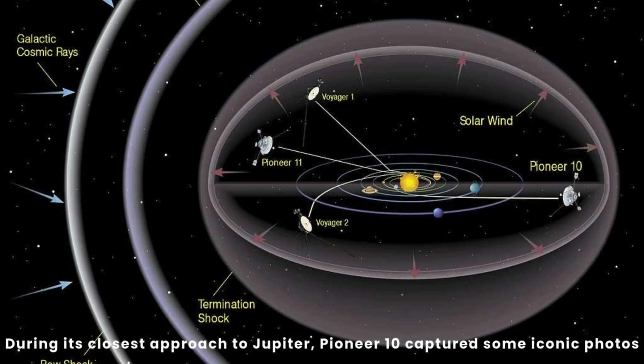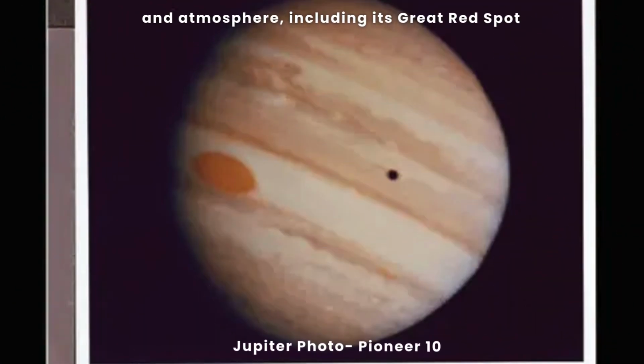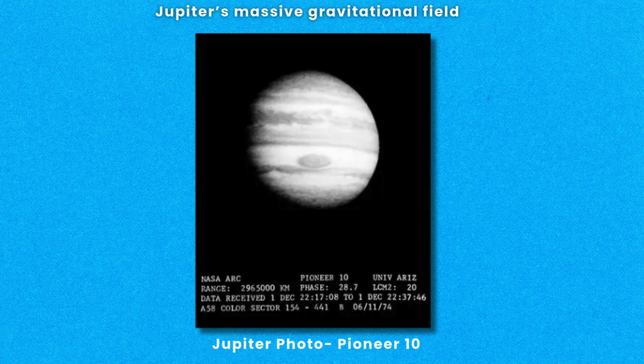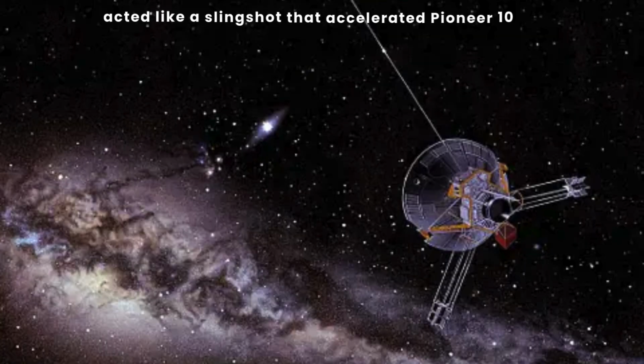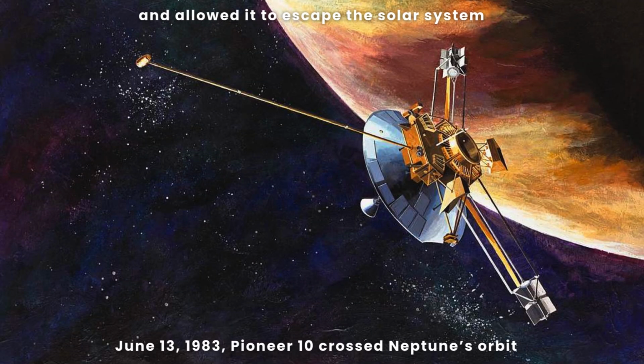During its closest approach to Jupiter, Pioneer 10 captured some iconic photos and detailed data on Jupiter's intense radiation belts, magnetic field, and atmosphere, including its great red spot. Jupiter's massive gravitational field acted like a slingshot that accelerated Pioneer 10 and allowed it to escape the solar system.